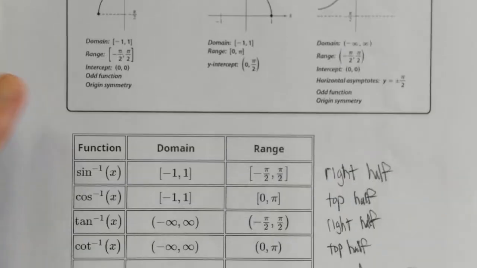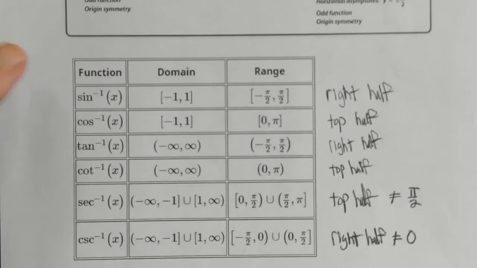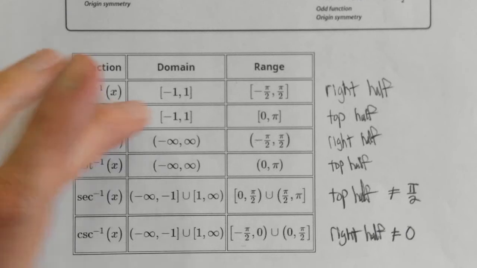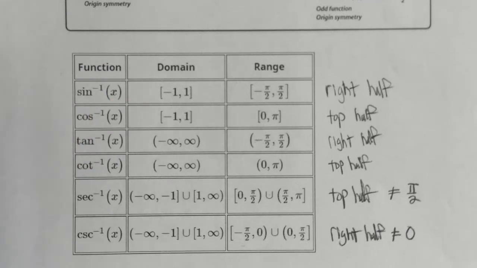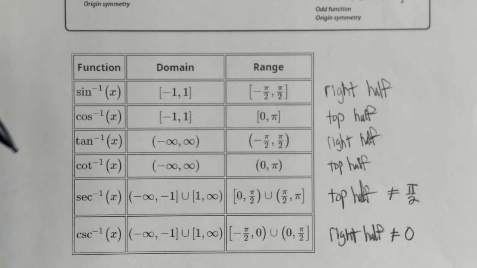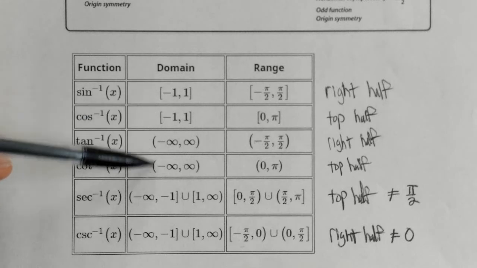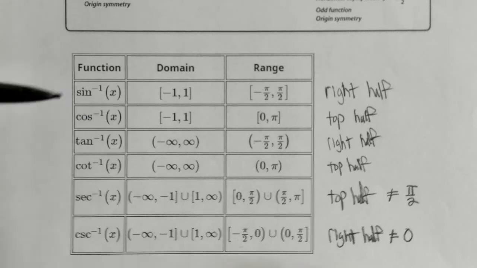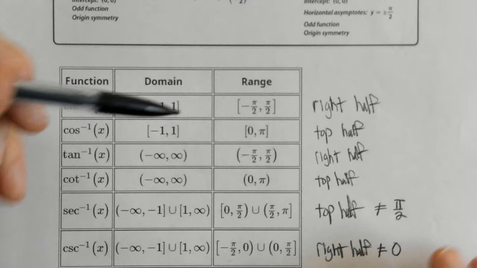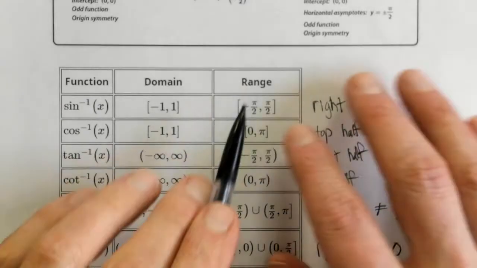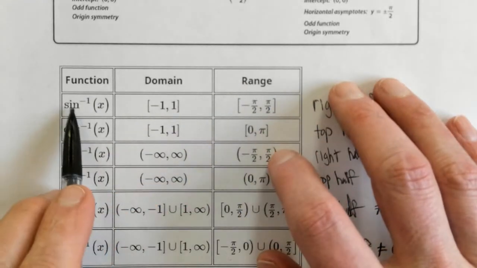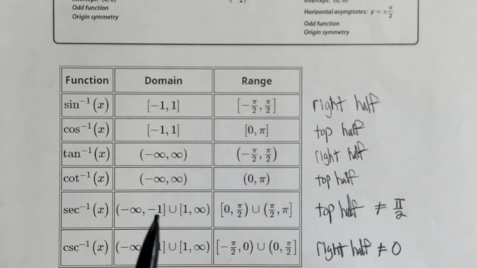This next table gives you the values of each one of the inverse functions, along with the range and the domain. Basically, the domains are the ranges of the original function, and the range is restricted by what would make the arc function an actual function.